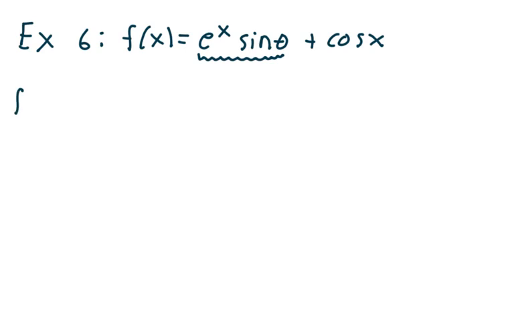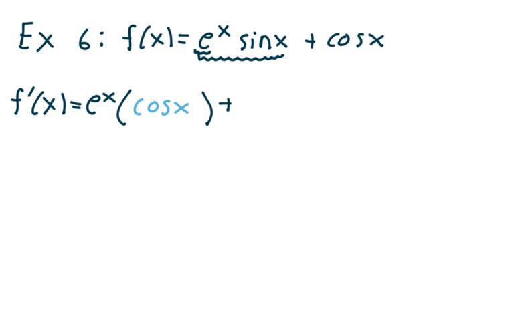So when I take the derivative, I'm going to write down the first function, which is e to the x, and I'm going to take the derivative. Let me replace that theta with an x real quick here. So when I take the derivative of sine x, I'm going to get cosine x. So I'm going to write down a cosine x.